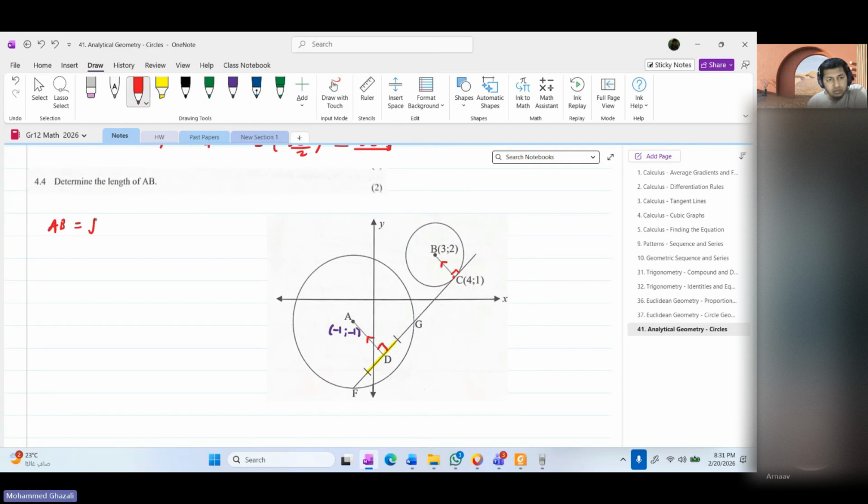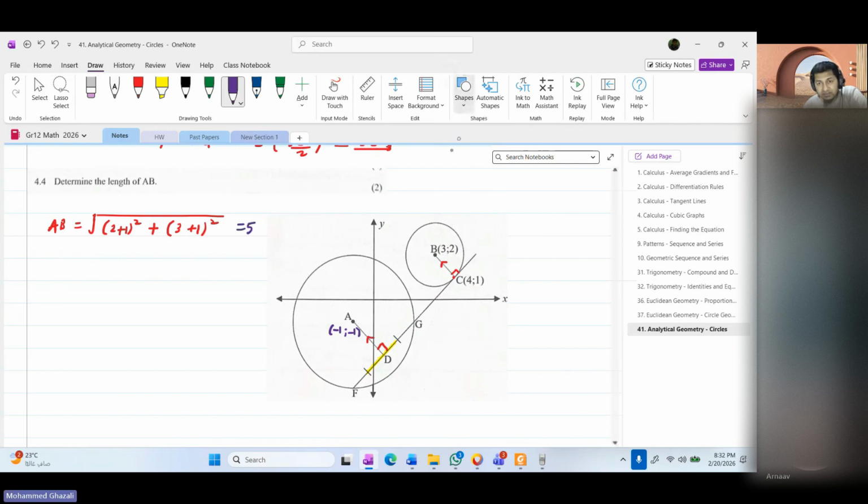AB is equal to the square root of (2 minus minus 1) squared plus (3 minus minus 1) squared. That's 3 squared plus 4 squared, the square root of 25, which is 5. This is the distance formula, not Pythagoras. So if you solve AB, you will get 5.